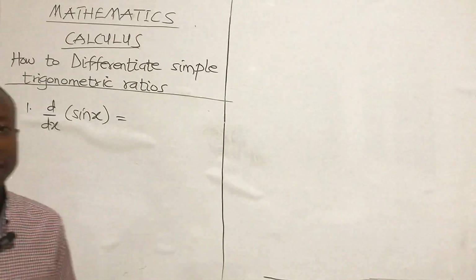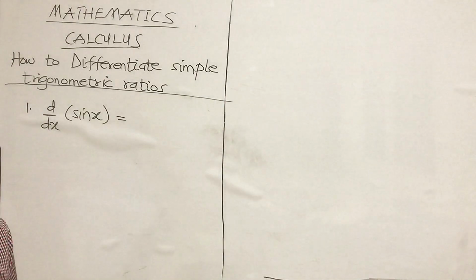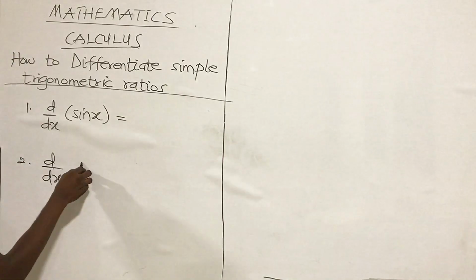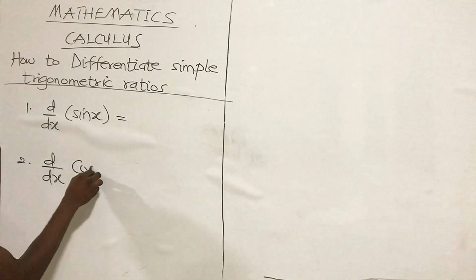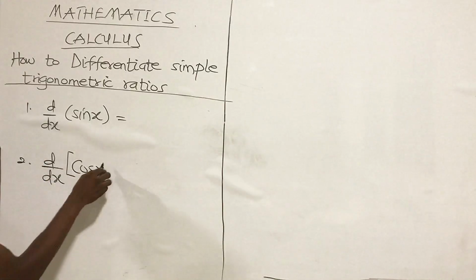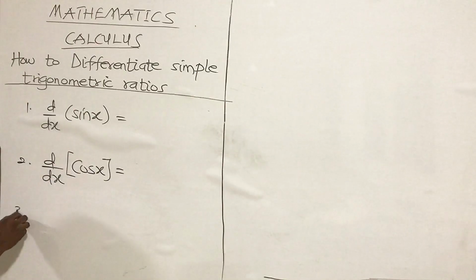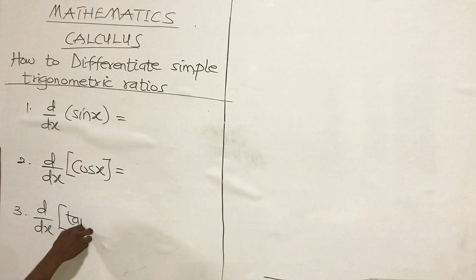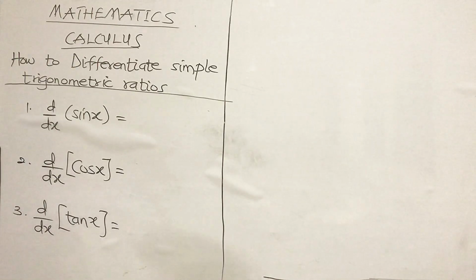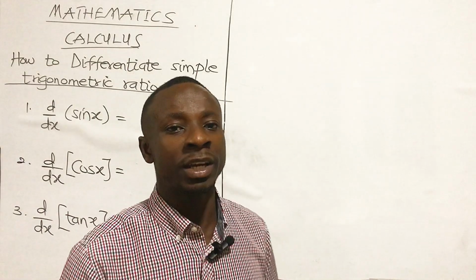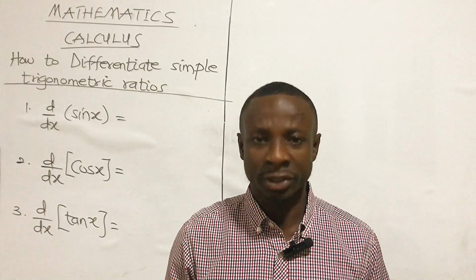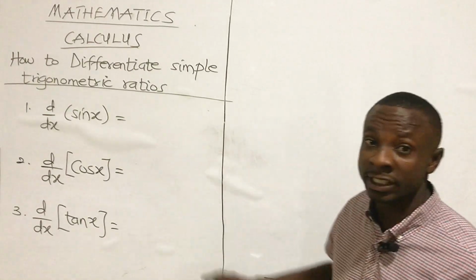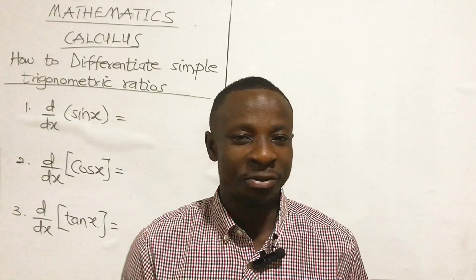When you are asked to differentiate sine, you can also be asked to differentiate cos x, or to differentiate tan x. So we are going to look at just these three trigonometric ratios. Now, before we look at how they are differentiated, let's look at a general form.